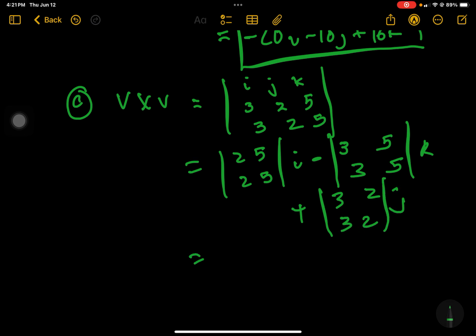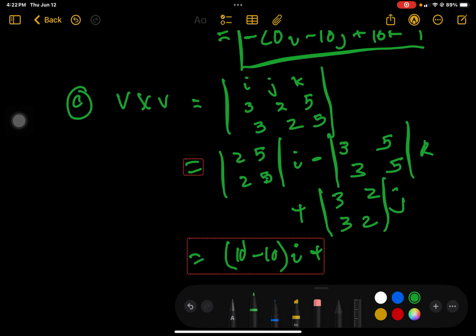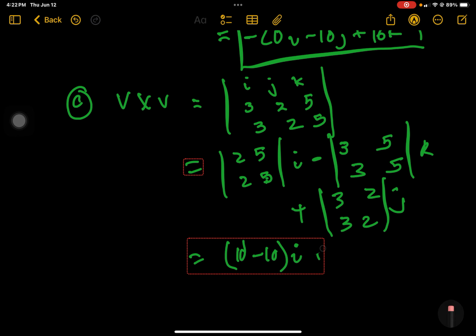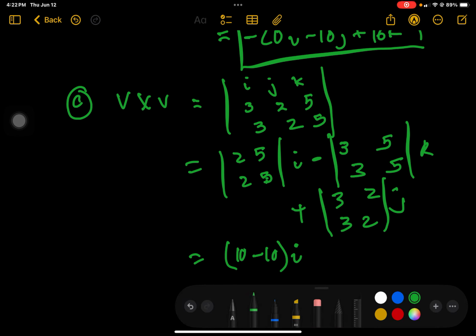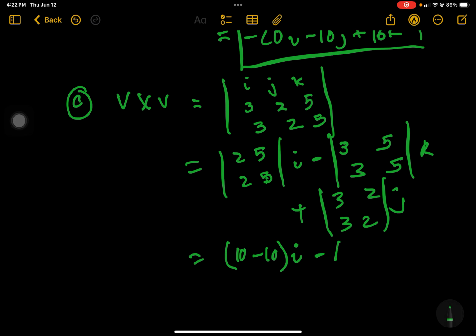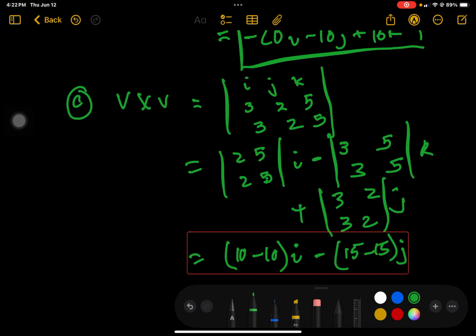So this will be easy. 2 times 5 is 10, minus 2 times 5 is 10. You are doing cross multiplication: 2 multiplied by 5 and 2 multiplied by 5. So 10 minus 10, I. Minus 3 times 5 is 15, minus 15, J. I made a mistake here, I have to correct it.